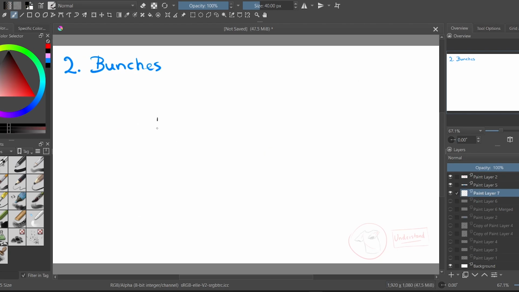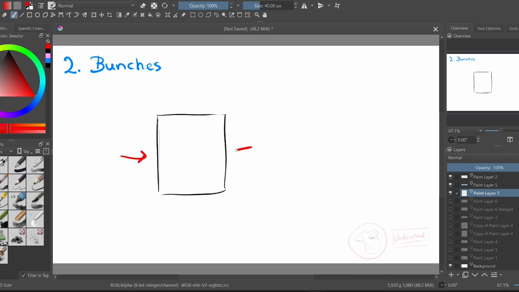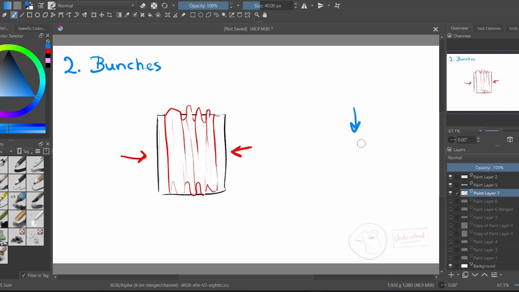Well, I'm sure you already know it, but if you had a square piece of cloth and you applied pressure from either side, the cloth simply starts to bunch up. So what are the two rules we've learned so far? First of all, cloth always falls. Second of all, when put under pressure, or in other words, when pressed from two different sides or multiple sides, cloth always bunches.